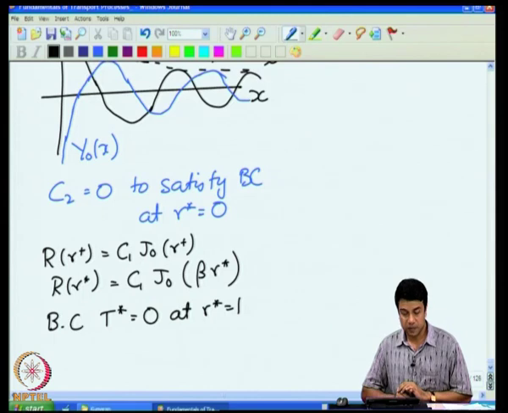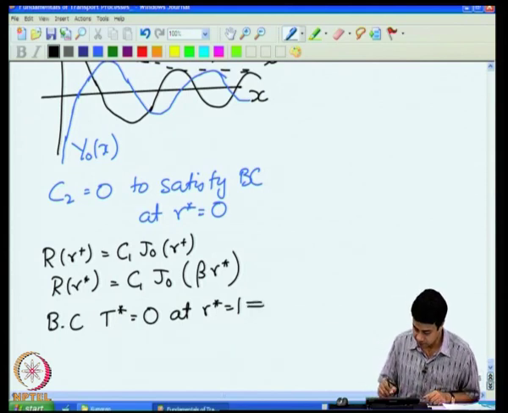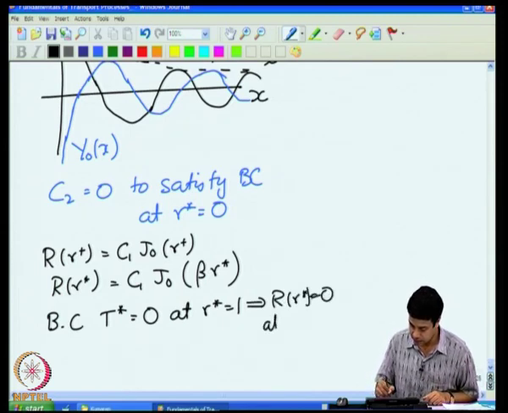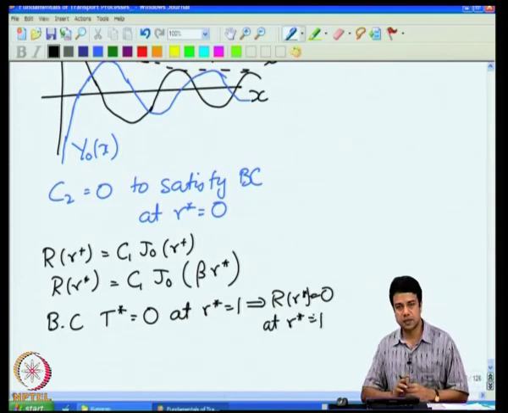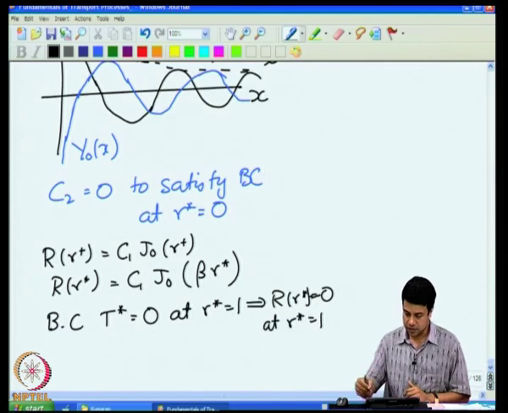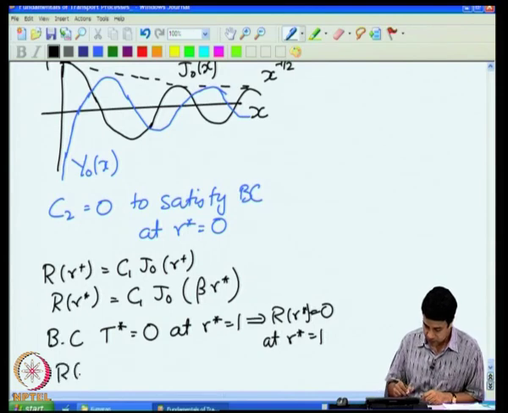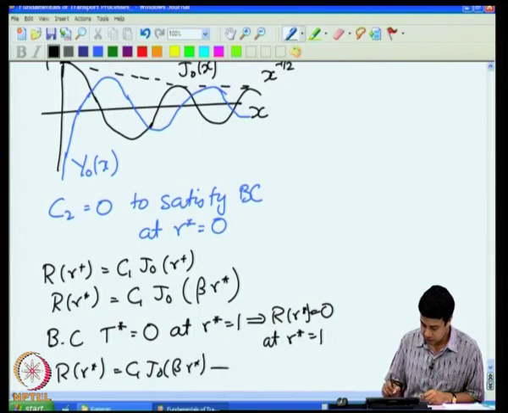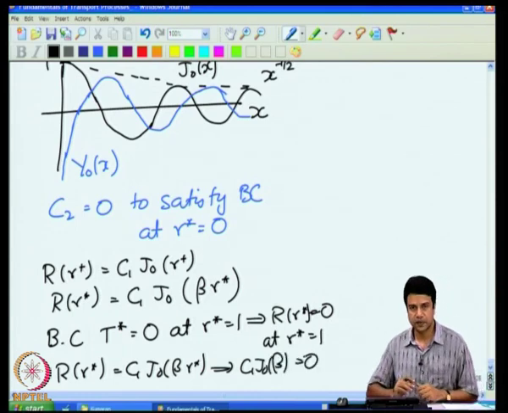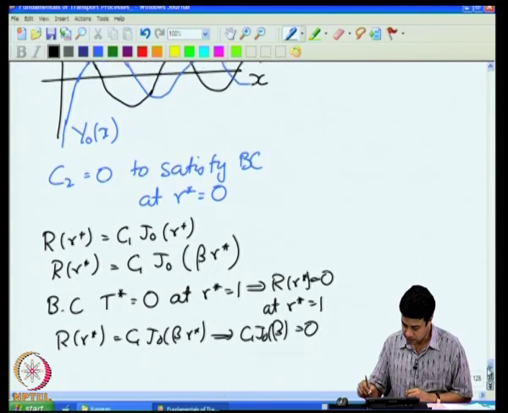This fixes the value of beta, because if T star is equal to 0 at R star is equal to 1 for all times, this implies that capital R is equal to 0 at R star is equal to 1. Since R of R star is equal to C1 J naught of beta R star, this will imply that C1 times J naught of beta has to be equal to 0.